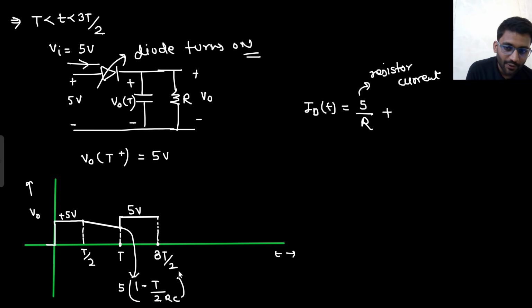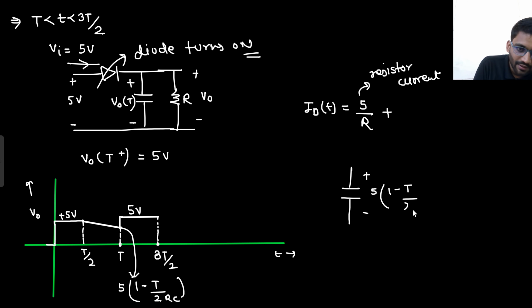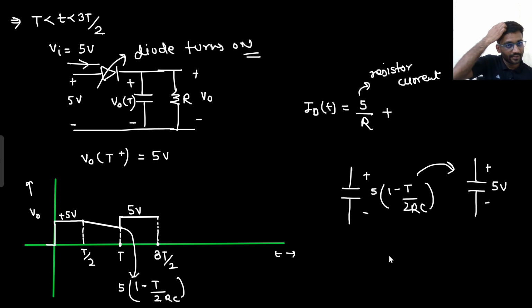What will happen? Already the voltage across the capacitor was 5 into 1 minus t by 2RC. Now your voltage across the capacitor has become 5 volt. So what will be the current?